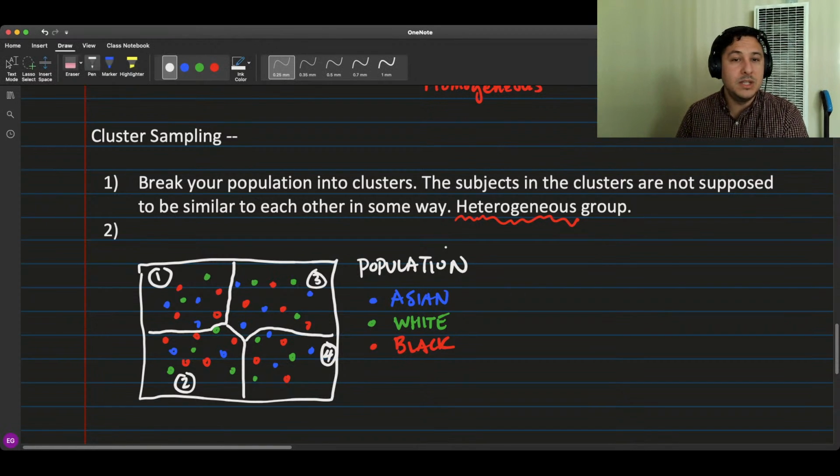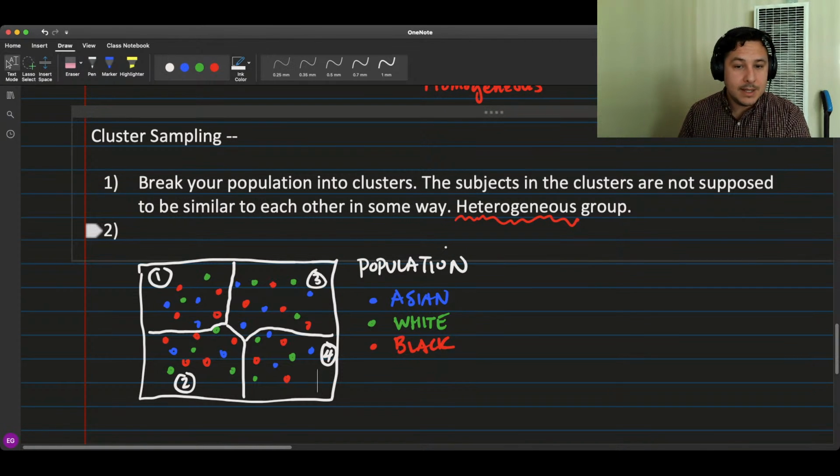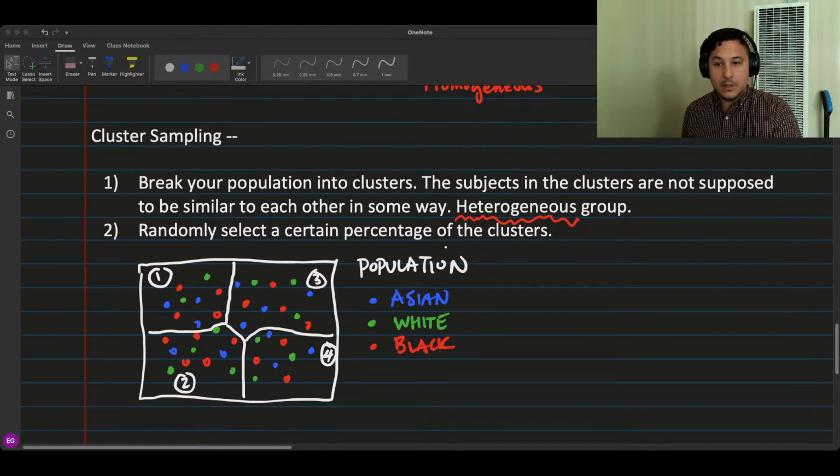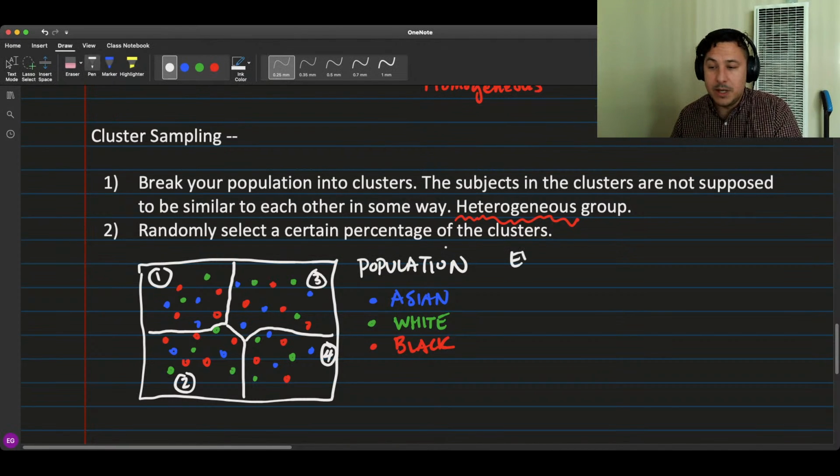what you're going to do now is randomly select a certain percentage of the clusters. So what that means is that you either get everyone in the cluster or no one.